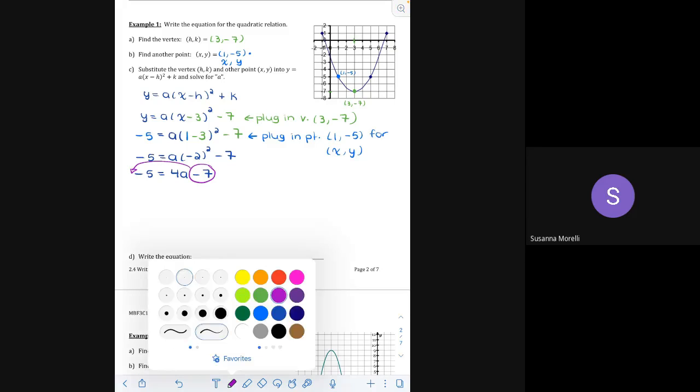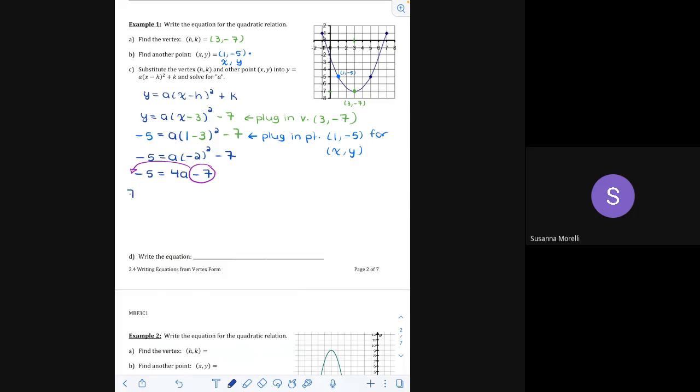It becomes 7 minus 5, because when it jumps over the equal sign, it changes its sign, equals 4a. 7 minus 5 is 2, equals 4a. You could also flip this and write 4a is equal to 2. It's the exact same equation. Then I'm going to divide both sides by 4.